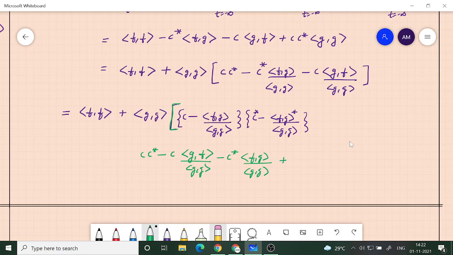Added to that, there is one additional term, which is F comma G multiplied by its complex conjugate, divided by G comma G. This term is actually not there, so we need to subtract that additional term so that it looks exactly the same as above.